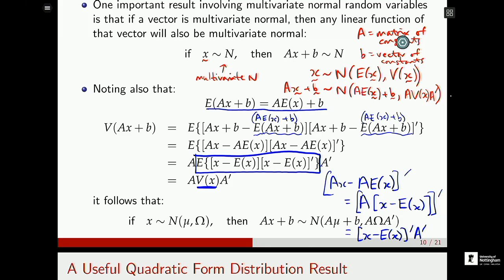And that fully defines the multivariate normal then, because we've specified the mean and the variance covariance.